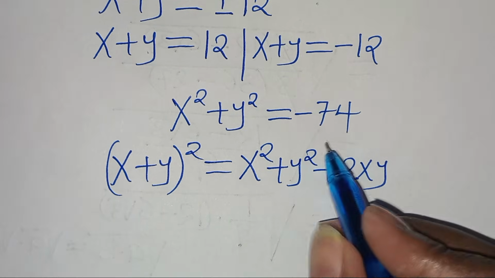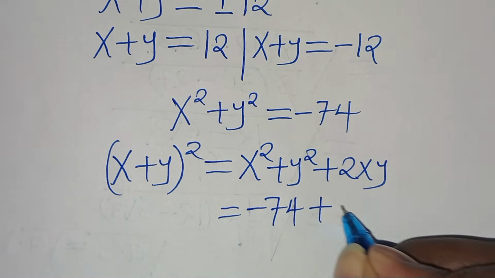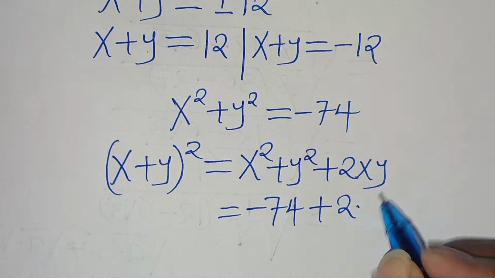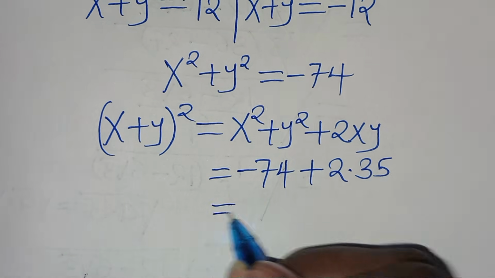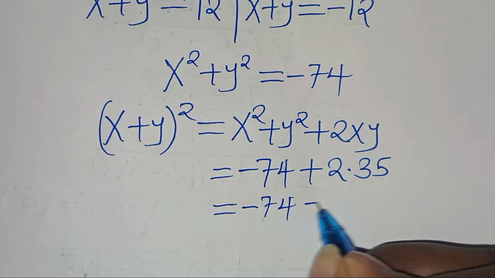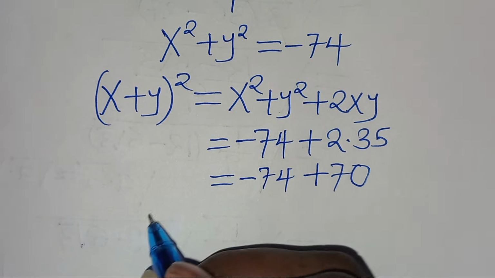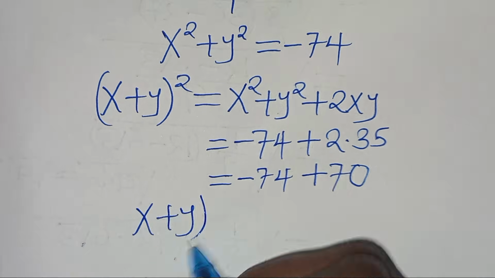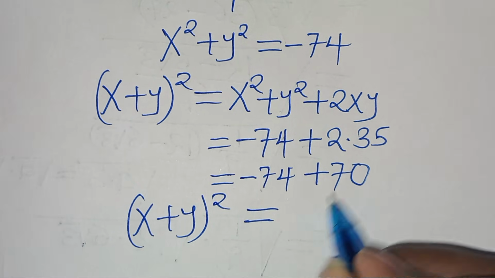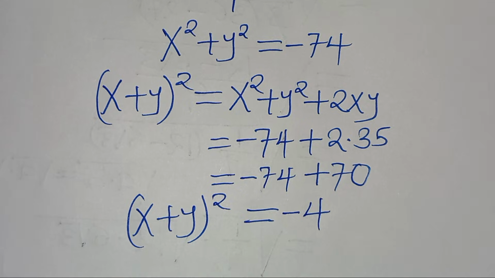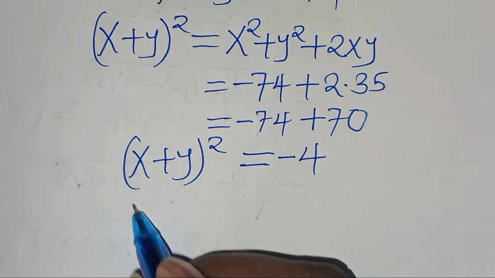So x squared plus y squared, this is the same thing as minus 74, then plus 2 times xy, which is 35. So this means that here we have minus 74 plus 35 times 2, which is 70. So therefore, x plus y raised to the power of 2, this is equal to minus 74 plus 70, this is minus 4.